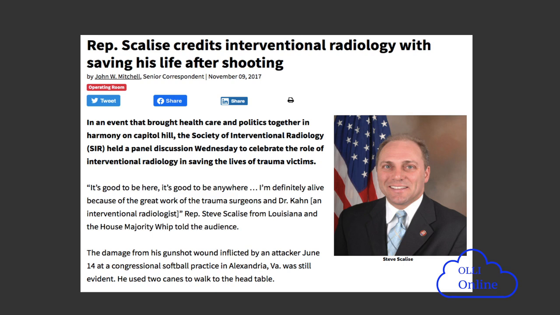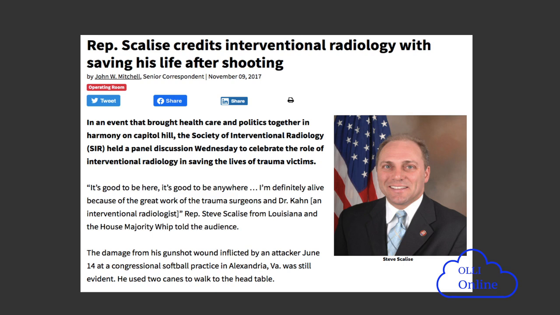He ended up going to this hospital in DC, MedStar, and although a lot of it is credited to the trauma surgeon, it was actually an interventional radiologist who treated him, and he was out within a few days. Basically, just going through his groin and treating an artery that was bleeding rather than opening him up.